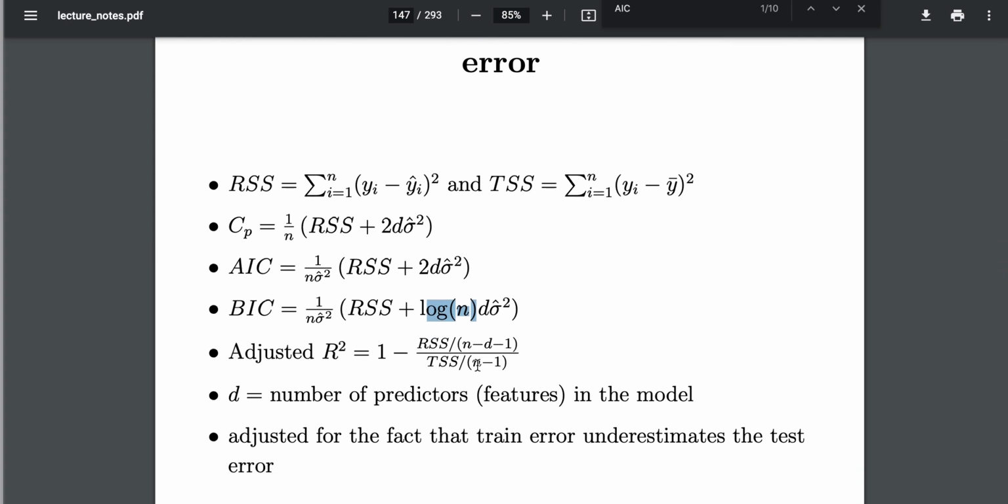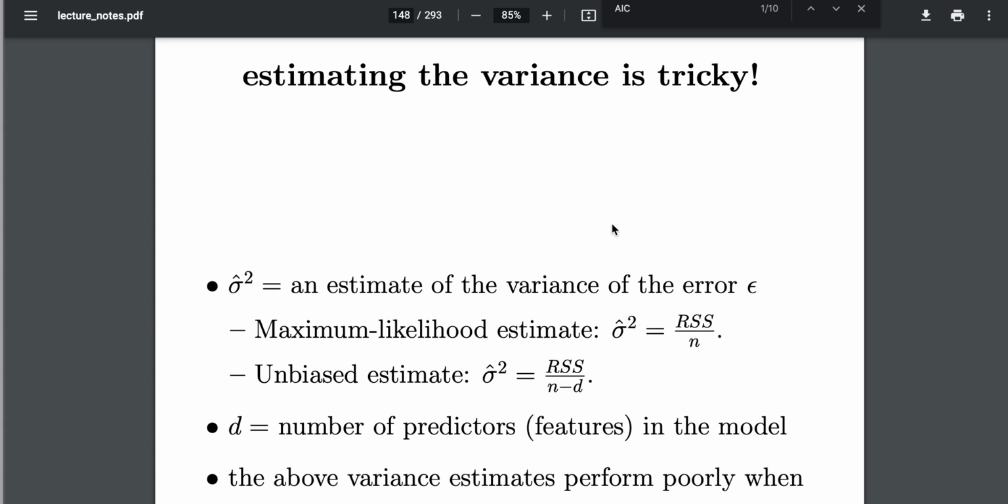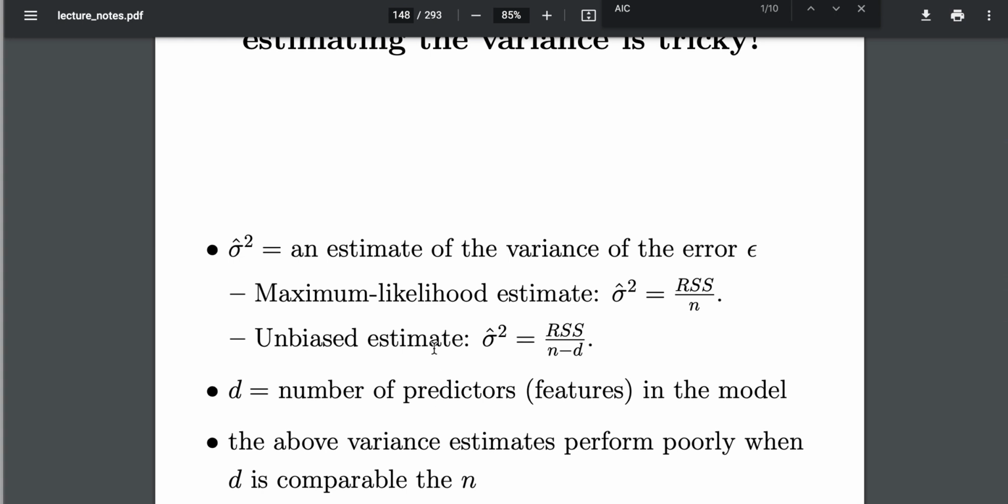And we have adjusted R square. Estimating the variance itself is tricky. If we want to use maximum likelihood, we just take the residual sum of squares divided by the number of observations. If we want an unbiased estimate, we take the residual sum of squares and divide it by n minus d.